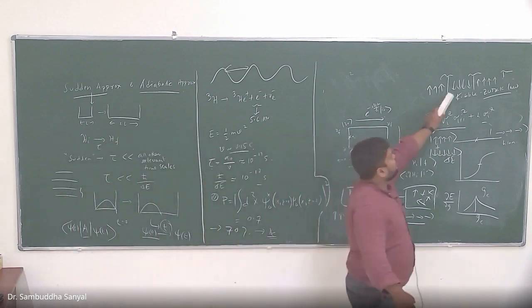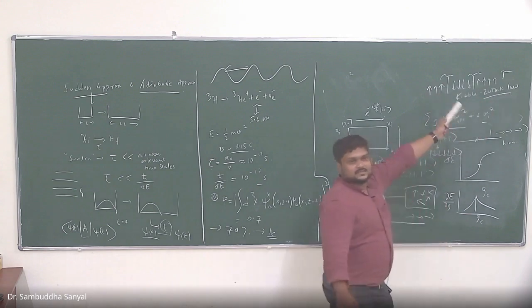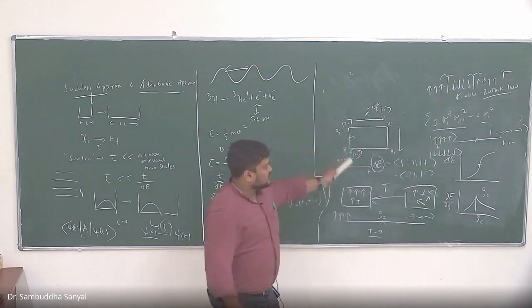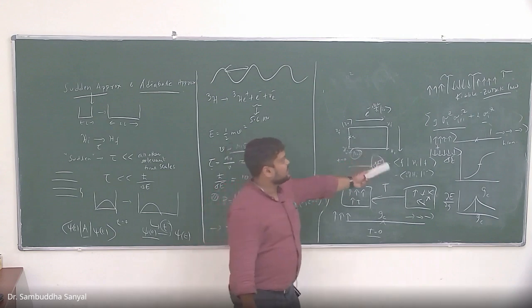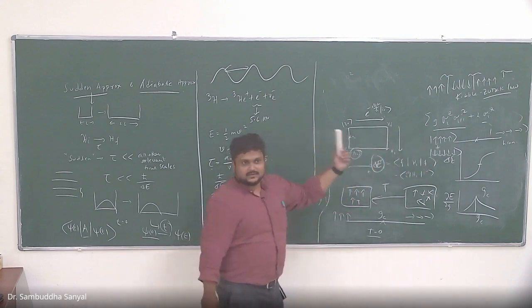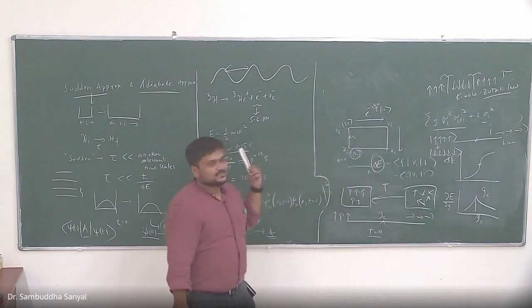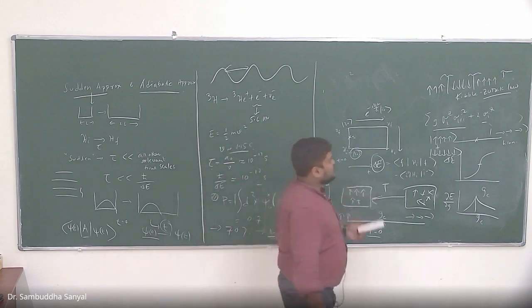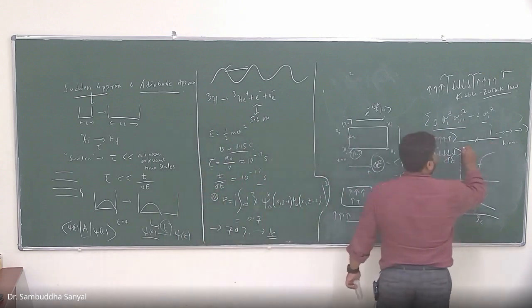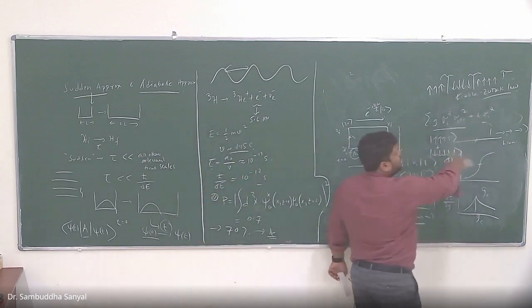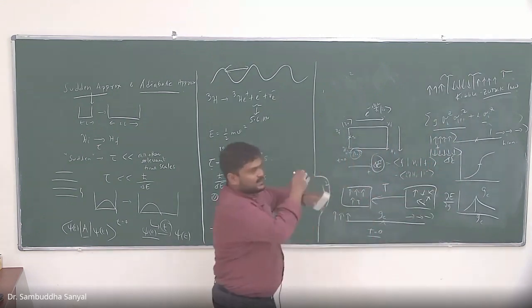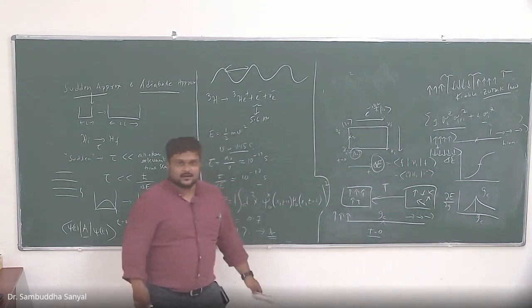So how many defects will appear? That is universal. Okay? It doesn't matter the details of the system. It just matters that you are going from one state to another, and how fast you are going. Okay? And eventually, if you make a sudden approximation, the number of domain walls will be infinite. Infinite means every other spin will be flipped.